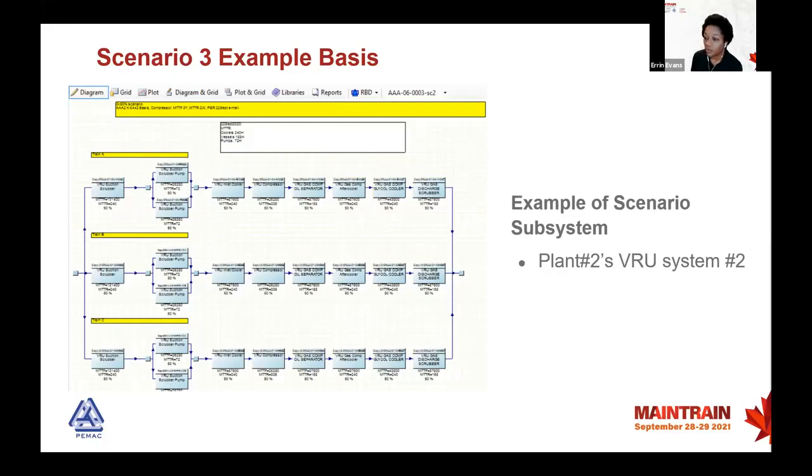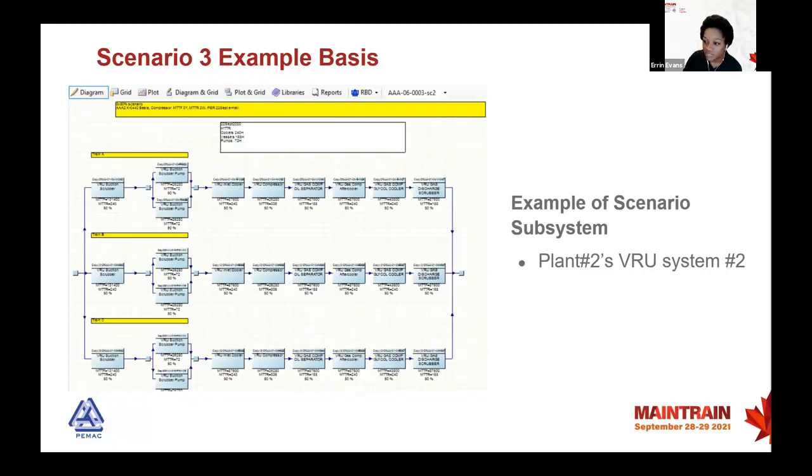I mentioned that what I used as a basis for these scenarios were subsystems that existed at similar sites within very similar operating contexts and regional locations. And so here's an example of one of those scenarios.